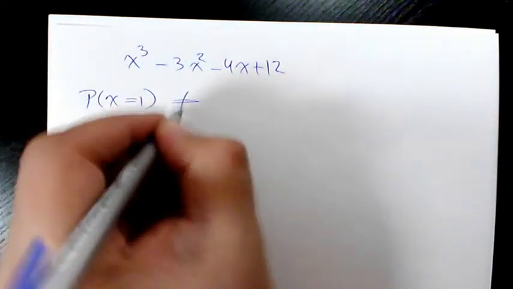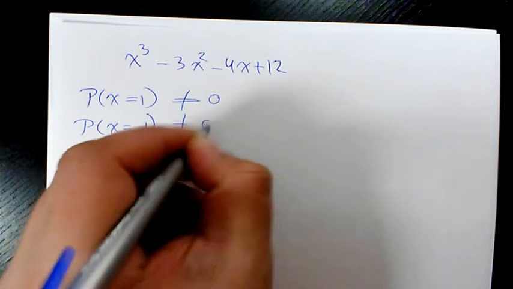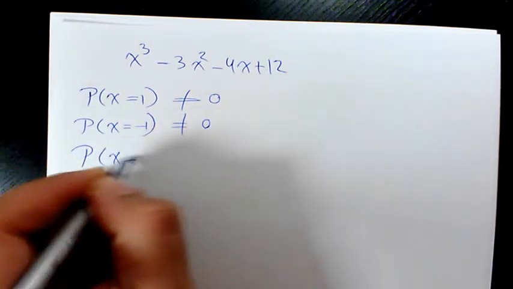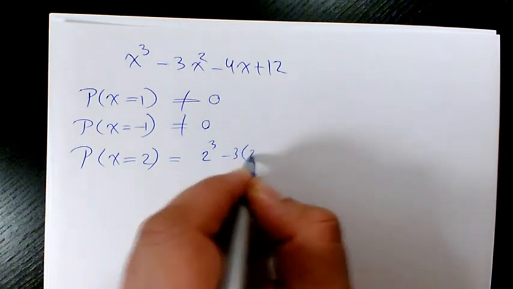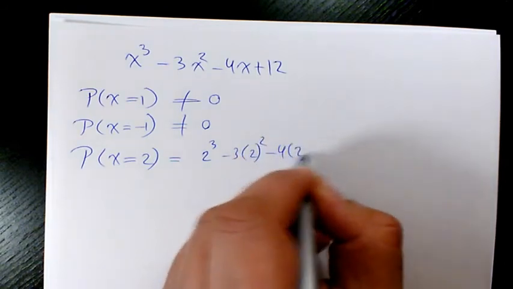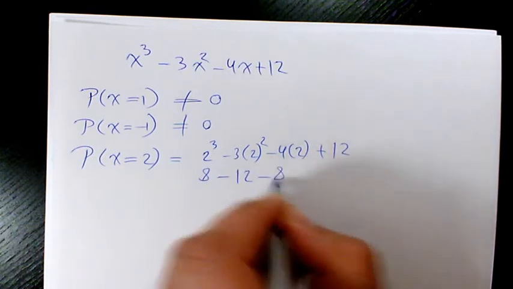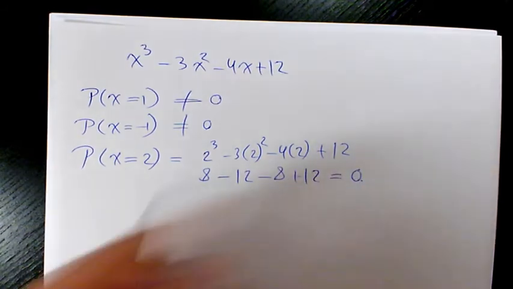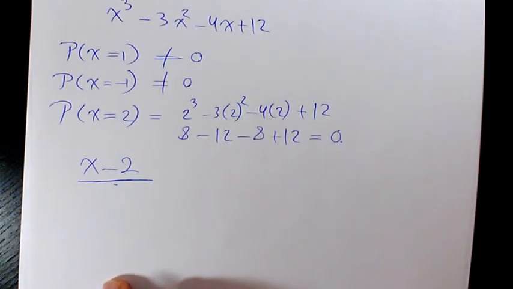That's not going to be equal to 0. If you look at x equals negative 1, that's not going to be equal to 0. When x equals 2, let's check that. 2 cubed minus 3 times 2 squared minus 4 times 2 plus 12. That's 8 minus 12 minus 8 plus 12. That's going to be 0. So x minus 2 is the second factor.